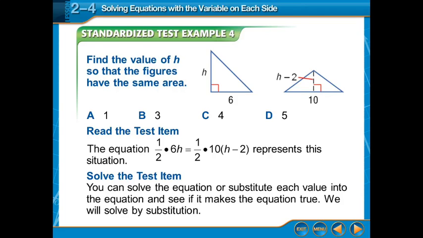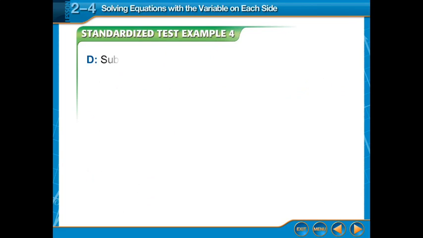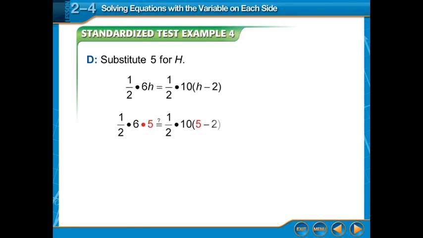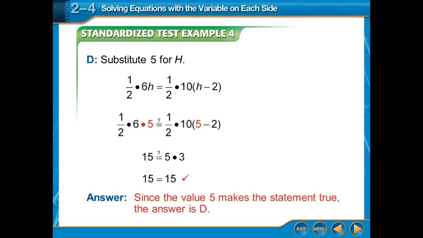I just didn't want to work the problem 4 times. So if you substitute 5 in the place of h, it will look like this. And you'll get 15 is equal to 15. It makes a true statement, so you know 5 has to be the solution, since it makes a true statement.